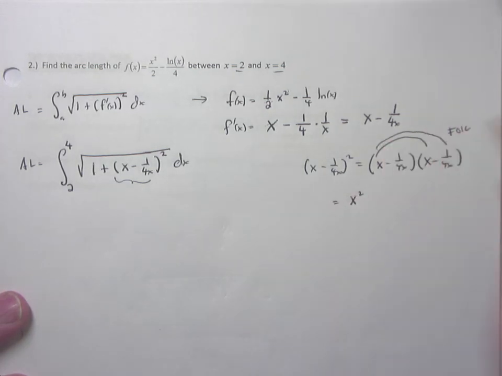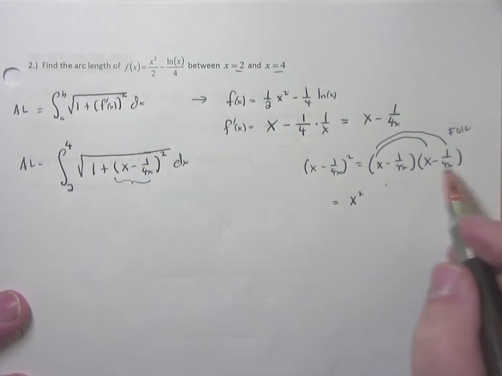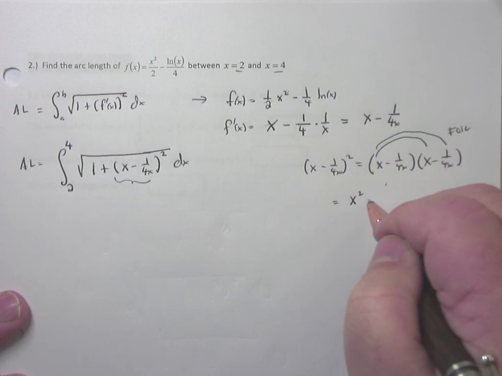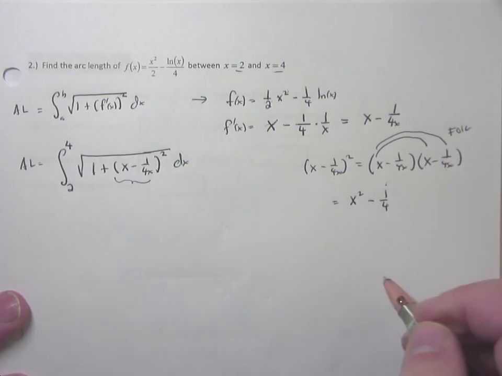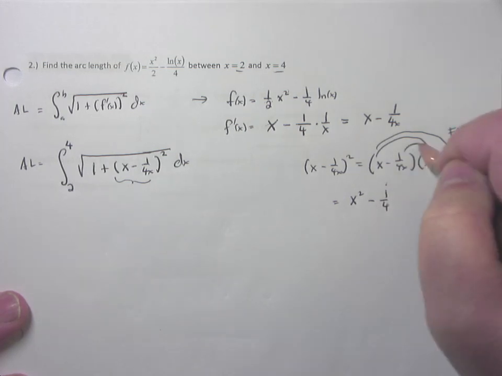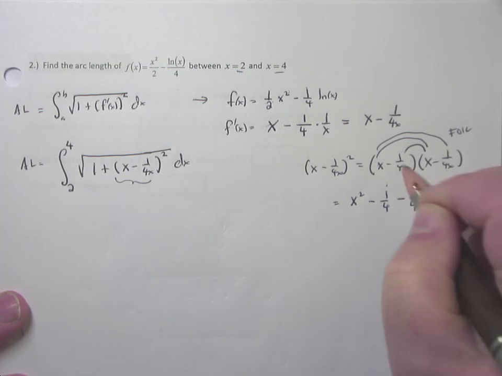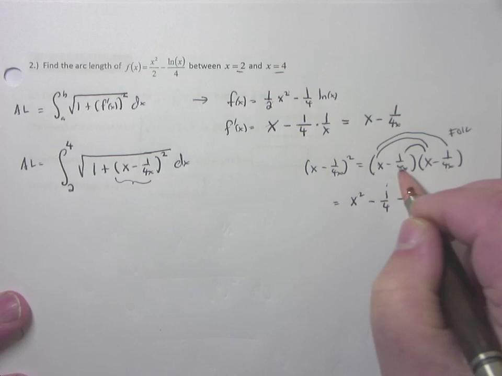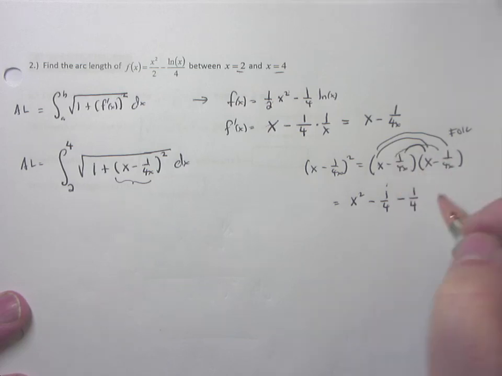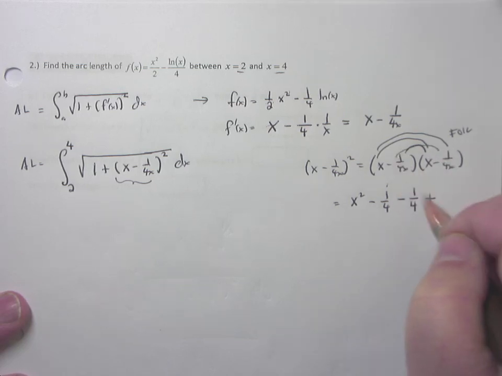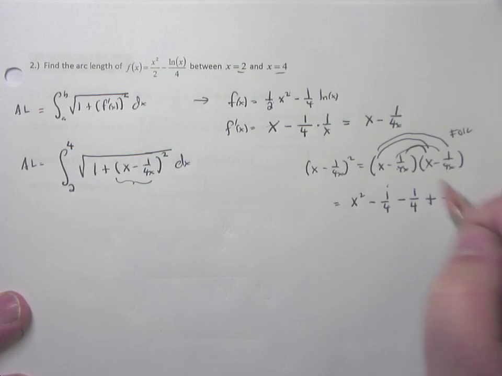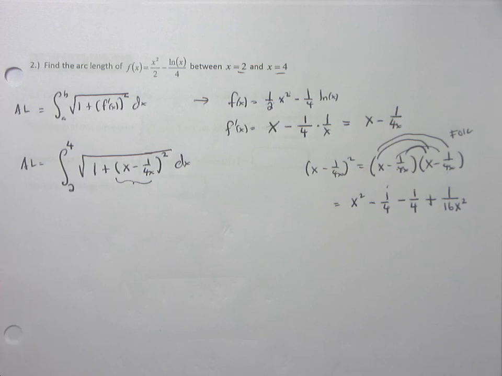X times a negative 1 over 4x: the x's cancel, you're left with minus 1 over 4. The inner, negative 1 over 4x times x, is another negative 1 over 4, because the x's cancel. Last, negative 1 over 4x times negative 1 over 4x is positive, 1 over 4 times 4 is 16, x times x is x squared.